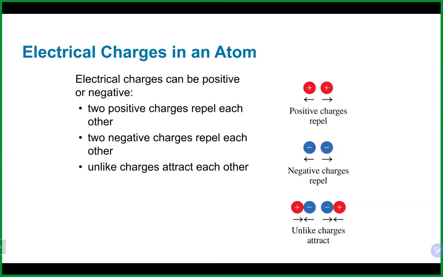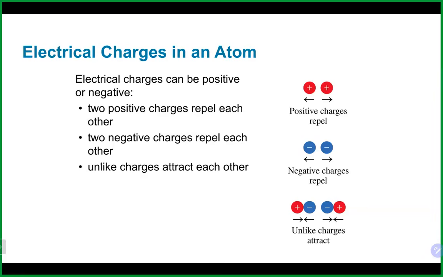One of the important aspects in chemistry is electrostatic attraction, which is the idea that opposites attract. Much like in life, when we get two positive people, it's not so nice for them to be around each other. Same thing with two positive charges: when they get near each other, they repel one another. Two negative charges also don't want to be near each other.